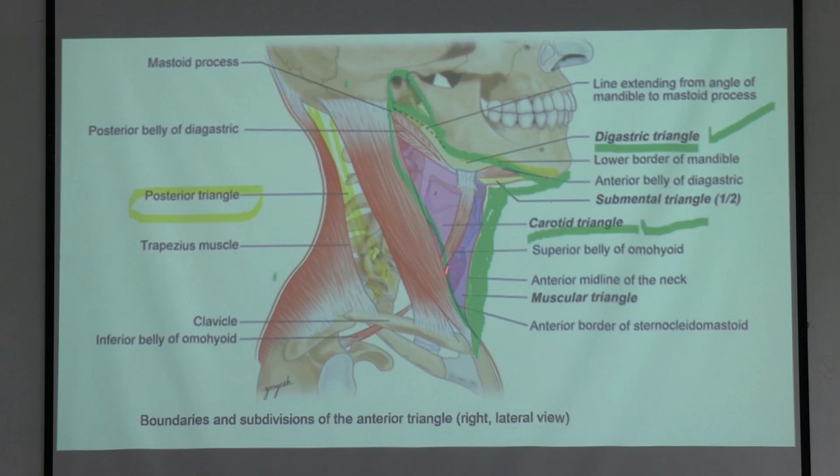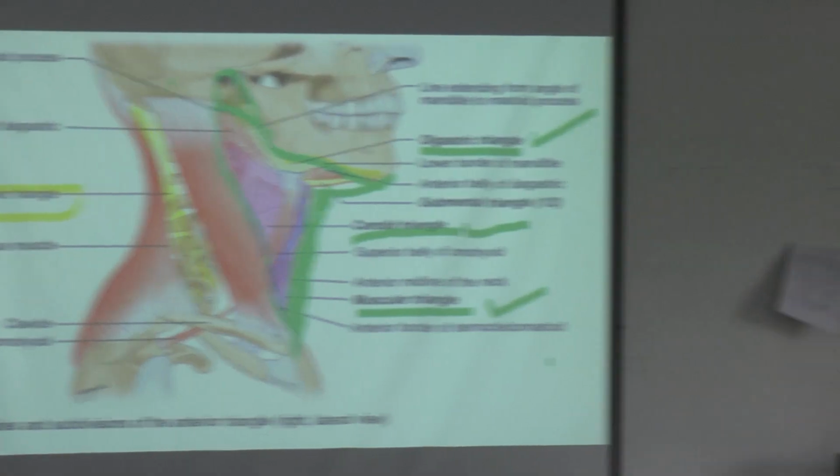So this is the area where we can get some strap muscles, like from the sternum to the hyoid, sternum to the thyroid, sternohyoid, sternothyroid, from the thyroid to again the hyoid bone, that is the thyrohyoid. That means all these infrahyoid muscles.